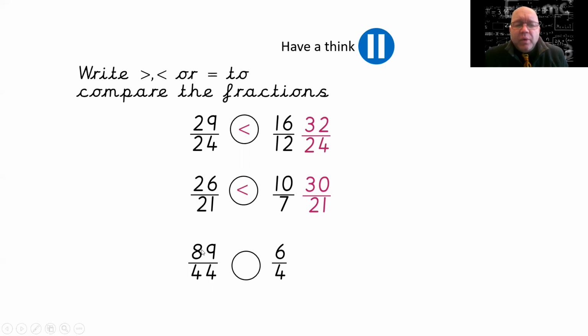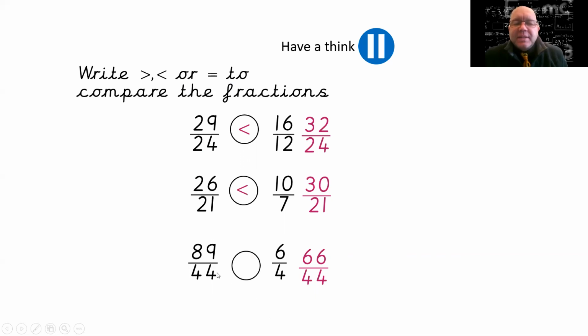And finally, we've got 89 over 44 and 6 over 4. How do we turn 44 into 4? Oh, sorry. How do we turn 4 into 44? Sorry, let's go that way. We multiply by 11. So let's multiply both top and bottom by 11, 44 and 66. So we're now comparing 66 over 44 and 89 over 44.